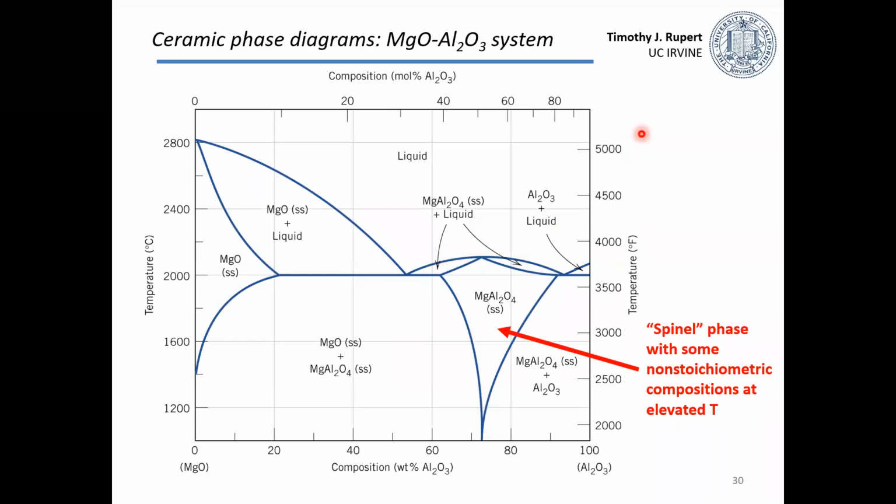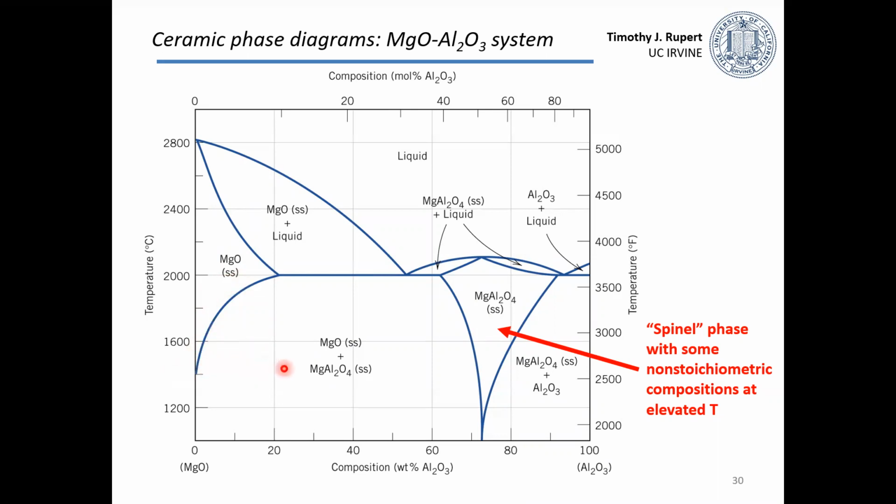We can also have the different types of eutectic and peritectic and eutectoid, all these different options of phase transitions that we mentioned before. This is showing an example for alumina, it's on the right, and magnesium oxide is on the left. So there's some solubility of alumina in magnesium oxide, but at some point you start to have a two-phase region, okay?